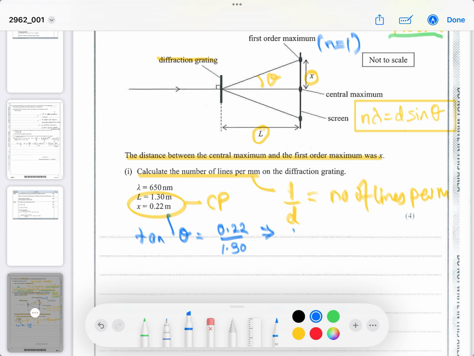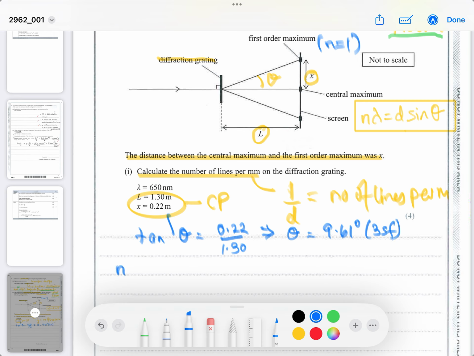It follows that theta, if you do tan to the minus 1 of that fraction, equals 9.61 degrees. For now, we'll keep it as 3 significant figures to be more accurate in our next one.